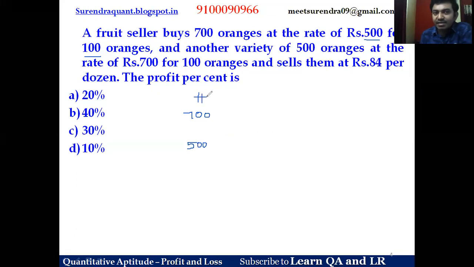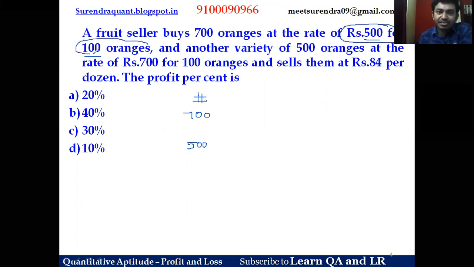Here number of articles means number of oranges. He indirectly mentioned the CPs of each variety by using this line: at the rate of 500 rupees for 100 oranges. So he paid 500 rupees for 100 oranges. Then what is one orange cost? 500 by 100, 5 rupees. So 5 rupees is the cost price of the first variety of oranges.